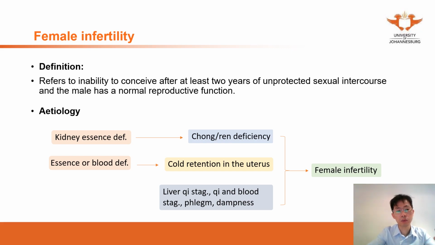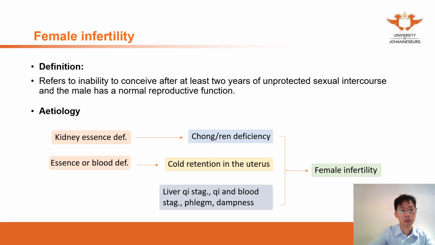If the routine sperm analysis shows some abnormality, then we will need to focus on both. The reason is that for male, it's easier to identify the health condition from the routine sperm analysis.